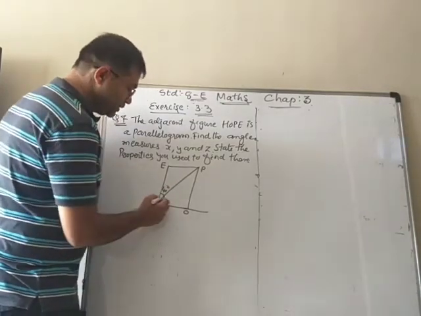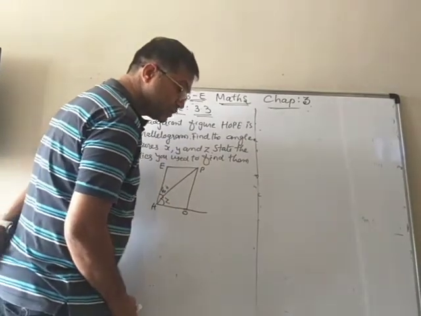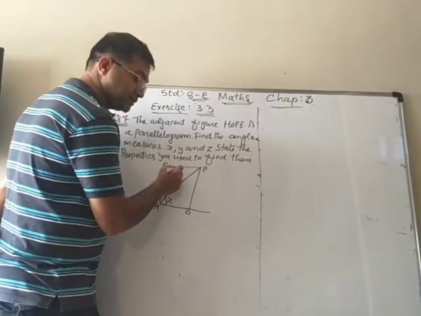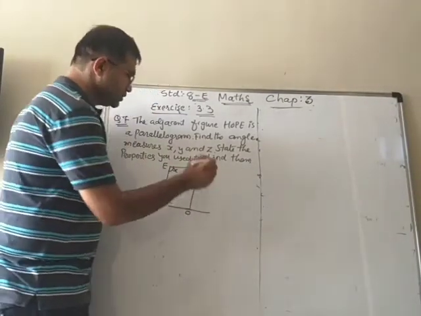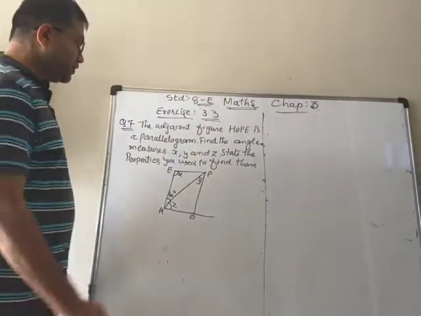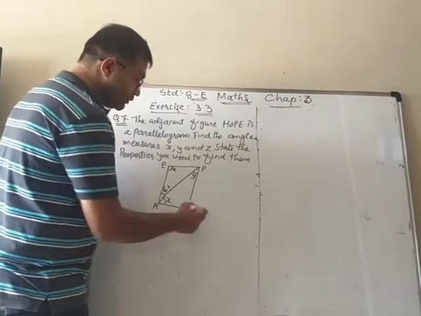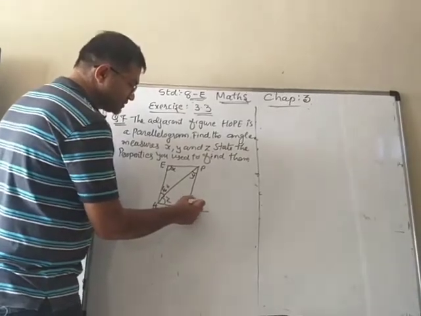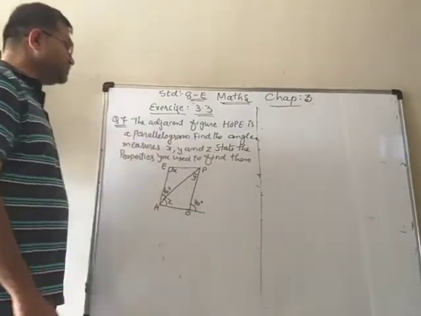Then here it is Z. Then upper E is X and the half wave P is Y. So we have to find the values of X, Y and Z. One more thing given is that this exterior angle is 70 degree.